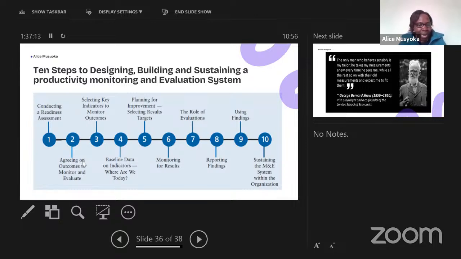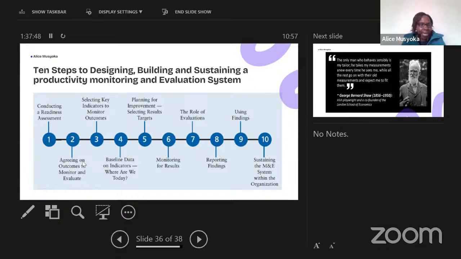Some of the outcomes we are looking at are customer satisfaction. We are looking at other outcomes in form of revenue, the increase in revenue. We are looking at decrease in defects or the scrap work. So something has increased or decreased, something has been modified. So we need to agree on what it is that we are going to monitor and evaluate in terms of outcomes.